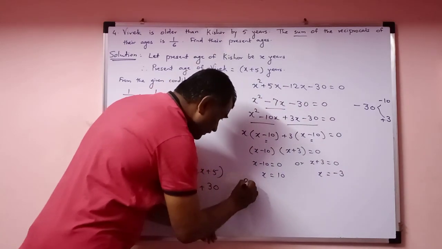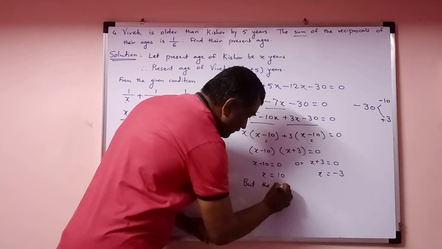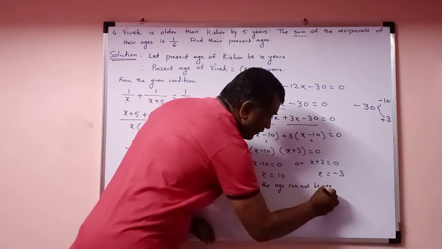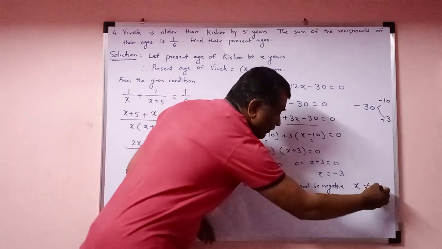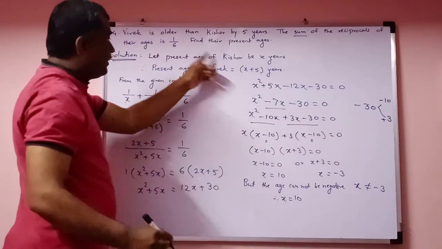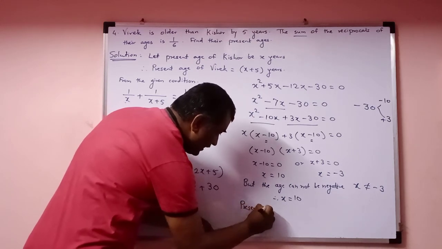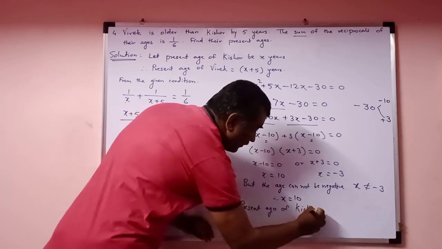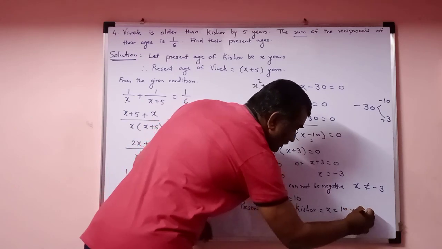But the age cannot be negative. X is not equal to minus 3. Therefore, x is equal to 10. Present age of Kishore is equal to x is equal to 10 years.